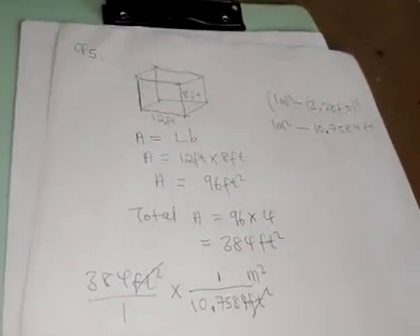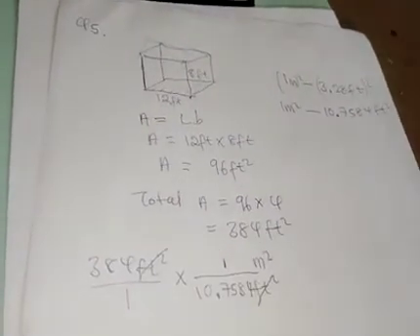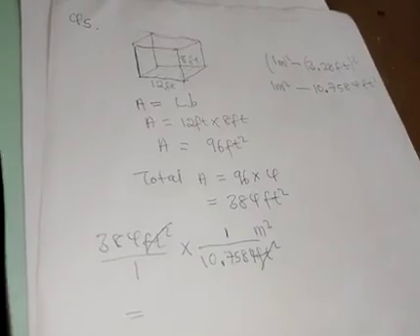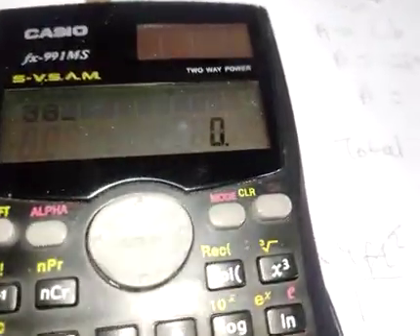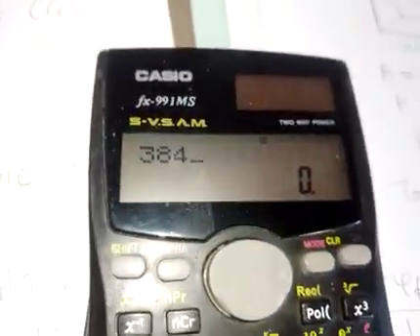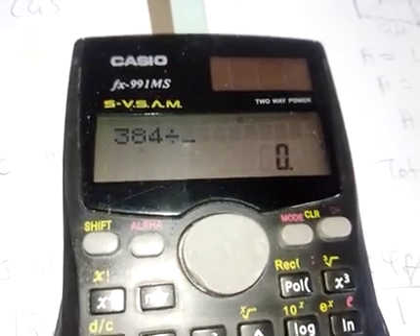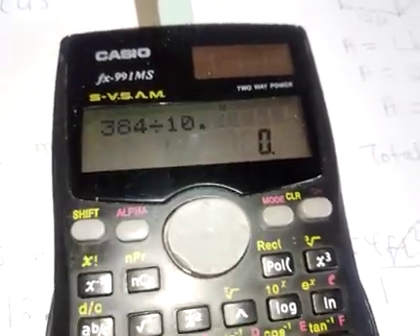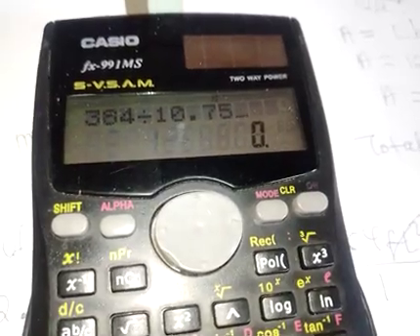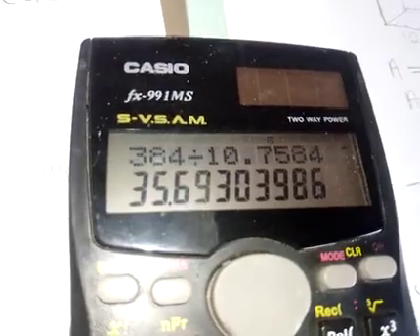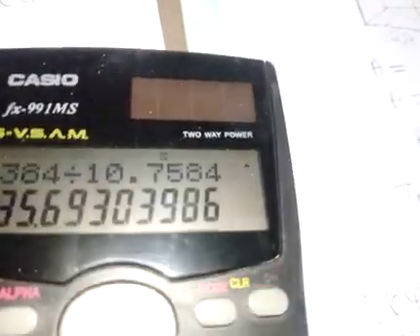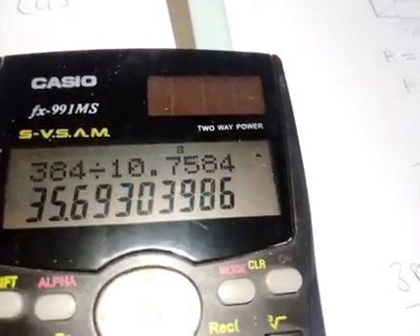Then let's just divide what has remained. We have remained with 384 being divided by 10.7584, and that is 35.69.